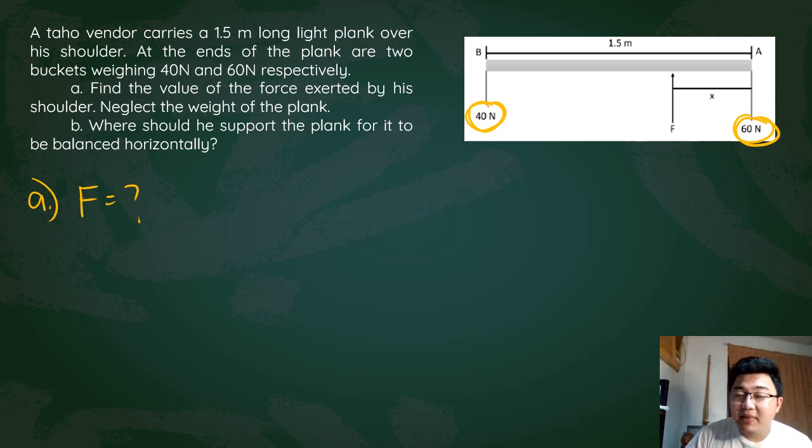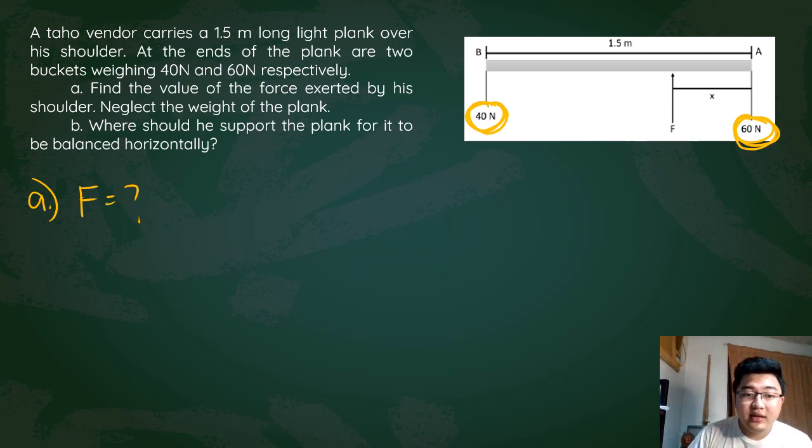We can actually apply here the first condition of equilibrium, since these forces are directed downward. If it's carried by the taho vendor and it's not falling, therefore there's a force that counteracts this weight to inhibit any acceleration or to maintain that state of motion, which is at rest.